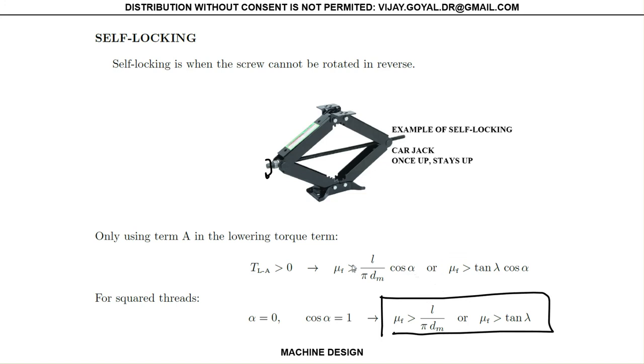Depending on what information you have available, you use either this or lambda. And the torque to lower has to be positive. That means that it will lock itself.